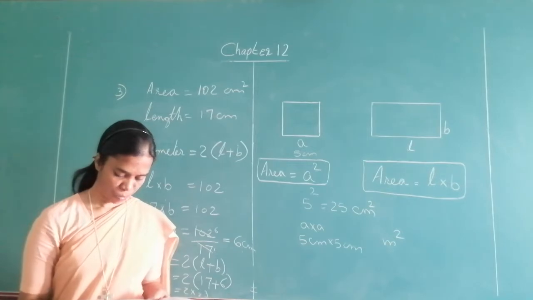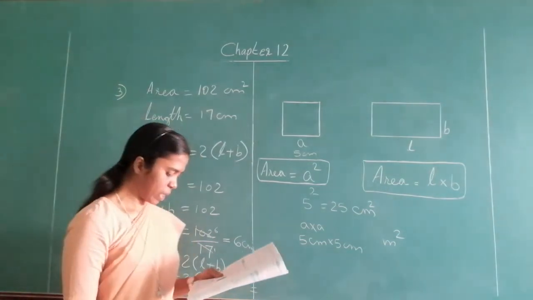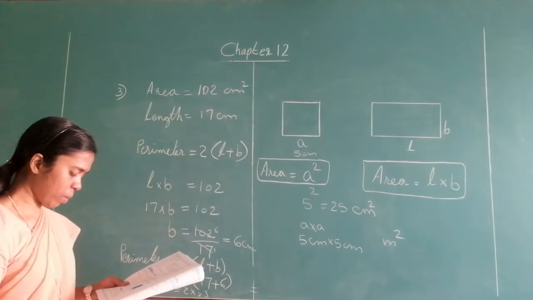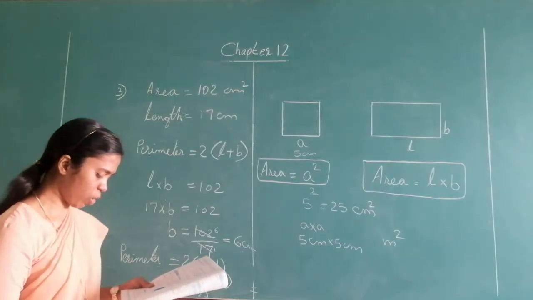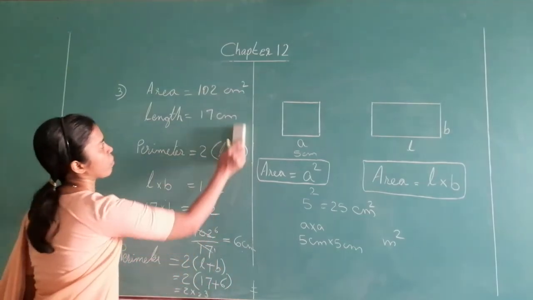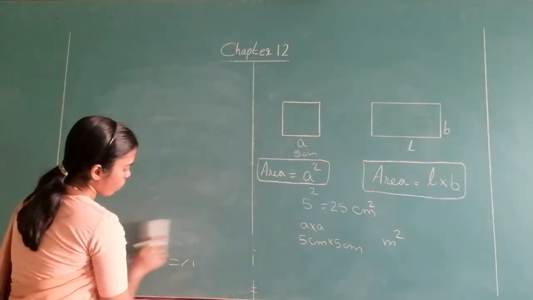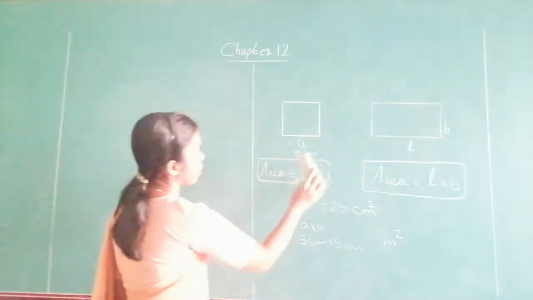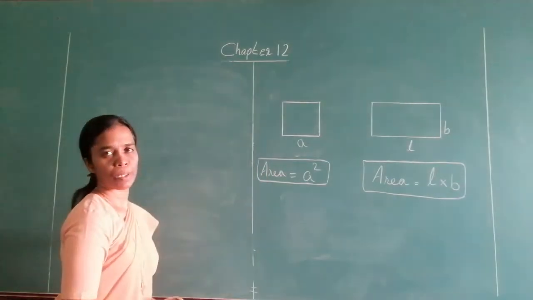Okay. Question number 4. If the side of a square is tripled, how many times will its area be as compared to the area of the original square? Now again we have a square and the measure of its side is tripled.